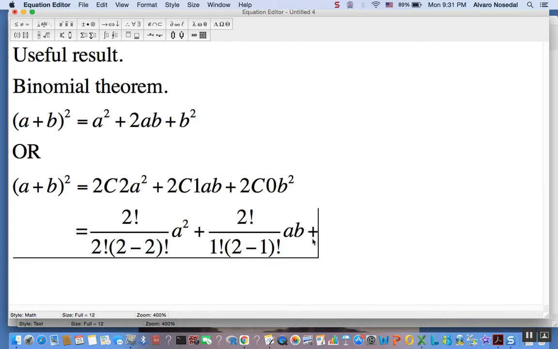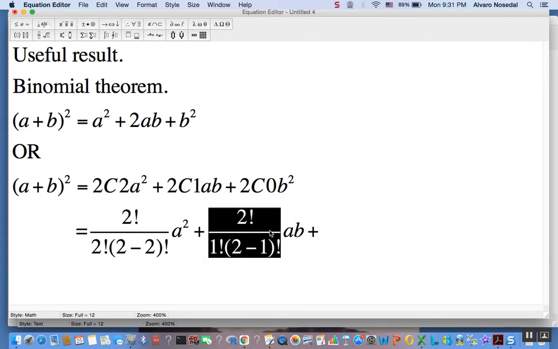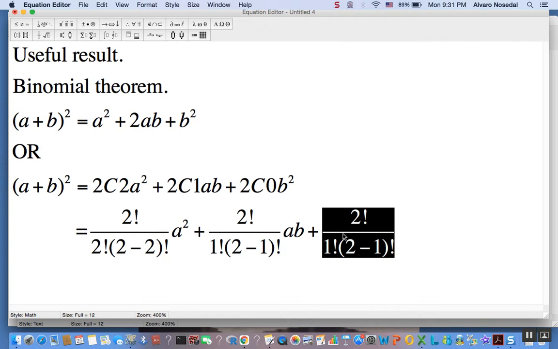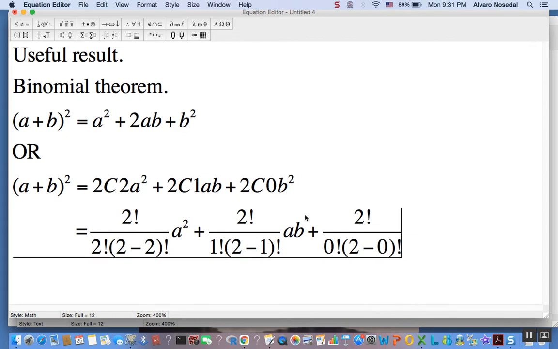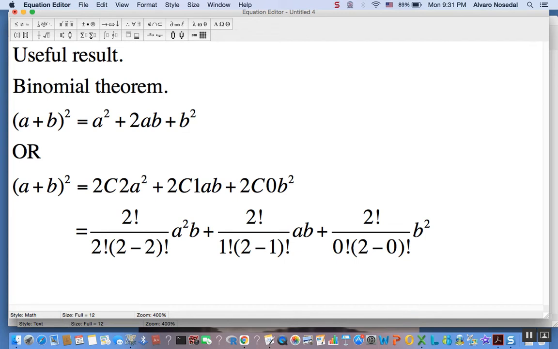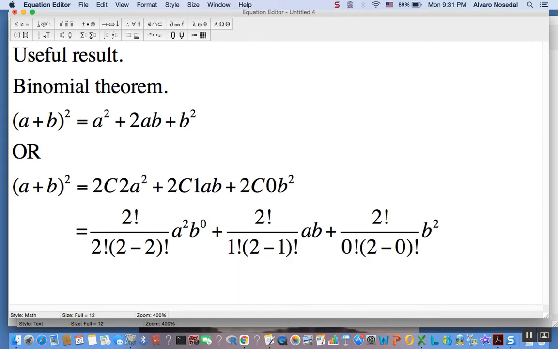And we would have something similar here: 2 factorial divided by (2 minus 0) factorial, times b squared, right? Now, let me also change this a little bit. This is a squared times b to the power of 0. That's the same as a squared.